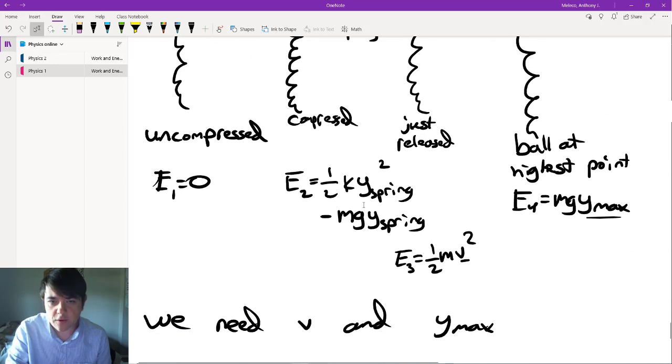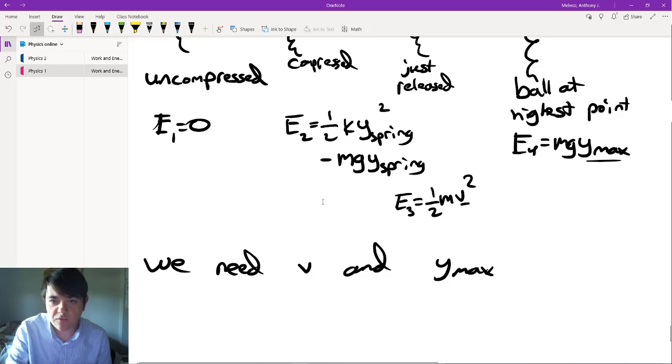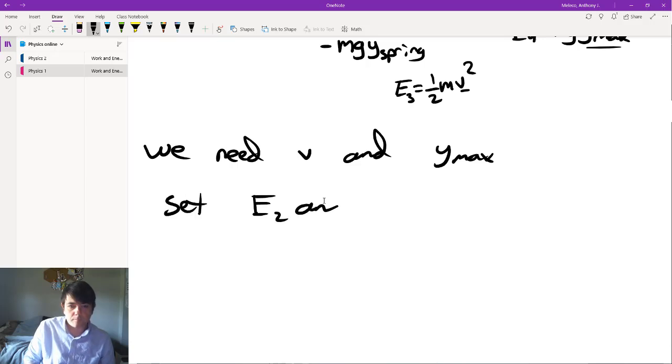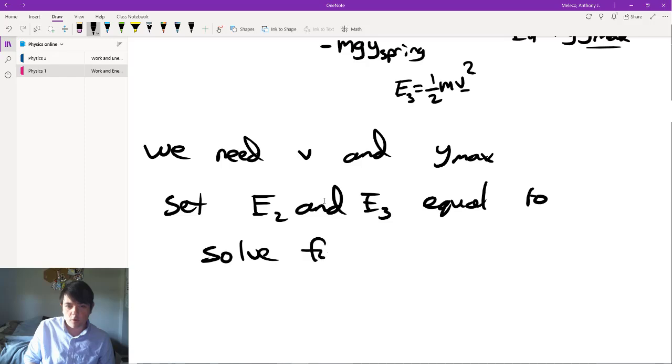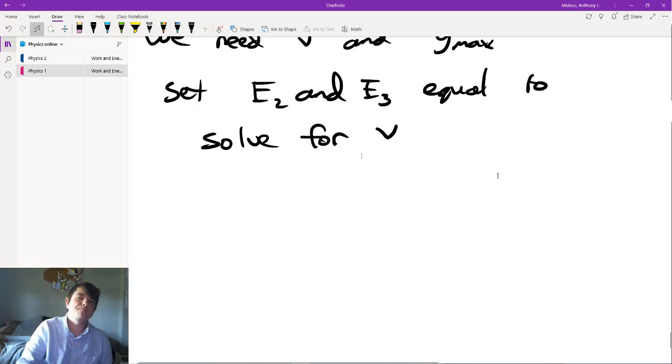I believe we can solve this by just setting E2 and E3 equal to solve for v. And then when we have that, we can set E3 and E4 equal, and that will make it really easy to solve for y max.